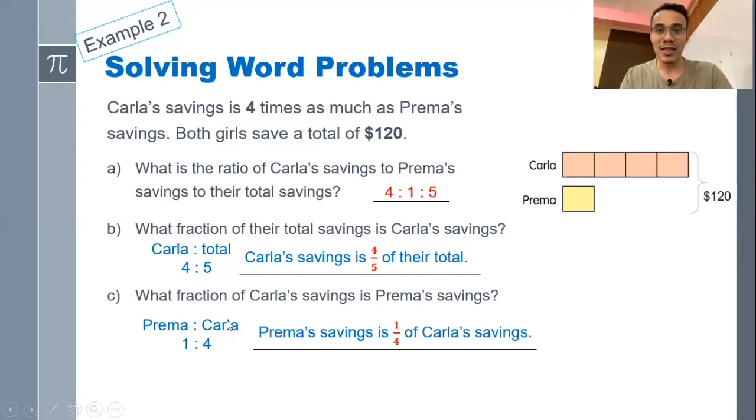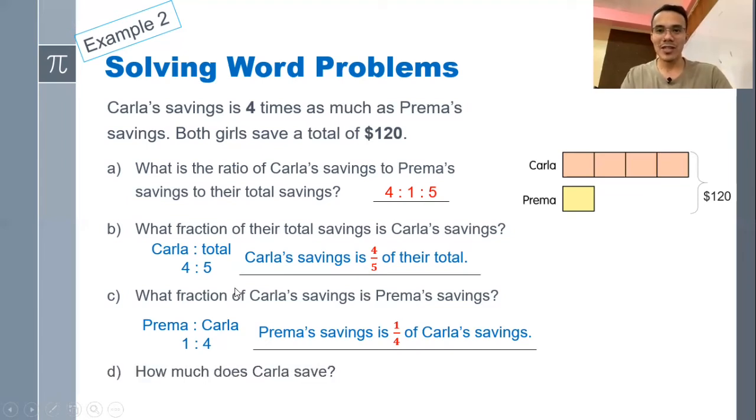If you see this "of" phrase, it means this is going to be your second quantity. Did you get that? Let's go back to letter B. What fraction of their total? We have another "of" phrase, "of their total." This means that the total savings represents the second quantity. I hope that is clear already.